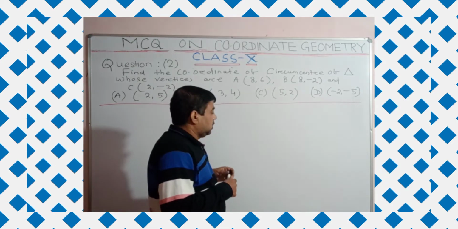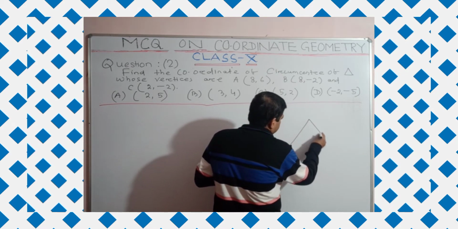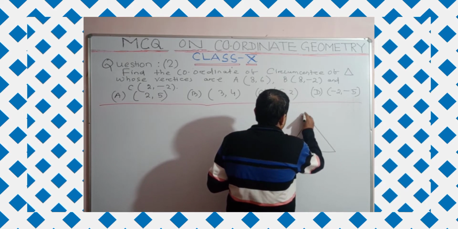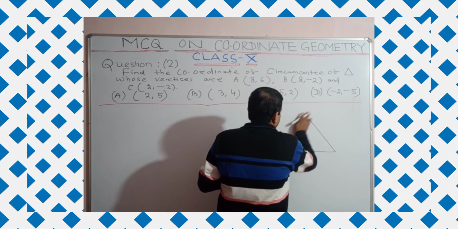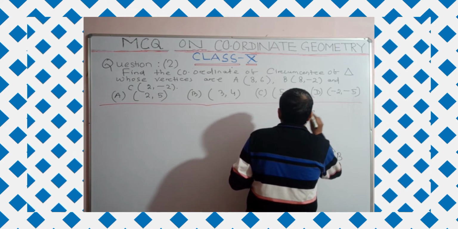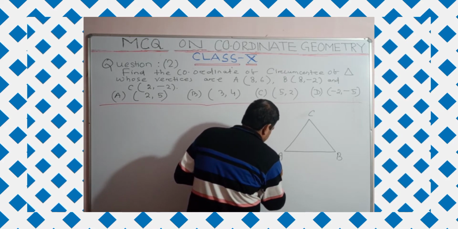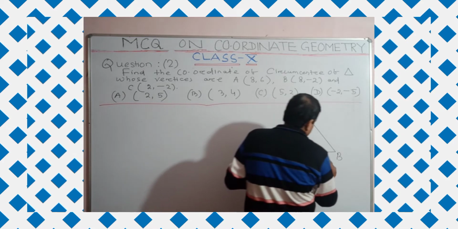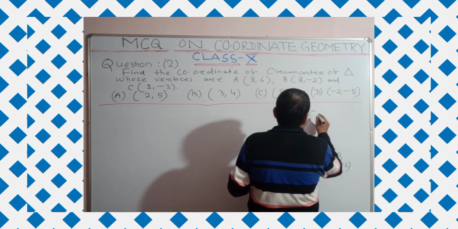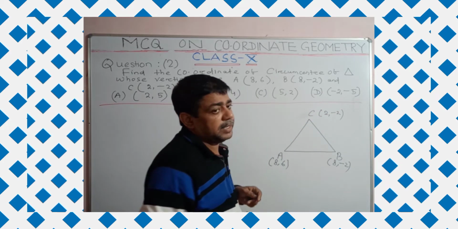Suppose this is a triangle, with points A, B, and C, where the coordinate of A is (8, 6), B is (8, -2), and C is (2, -2). We have to find the circumcenter of triangle ABC.